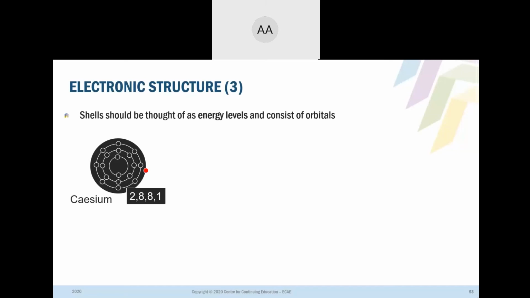And those paths are known as atomic orbitals or subshells. So there's several different orbital shapes, and can you remember what we refer to them as? We refer to them as the S, P, D, and F.